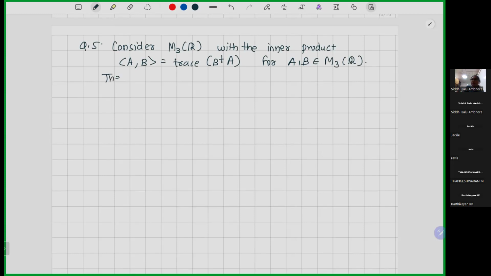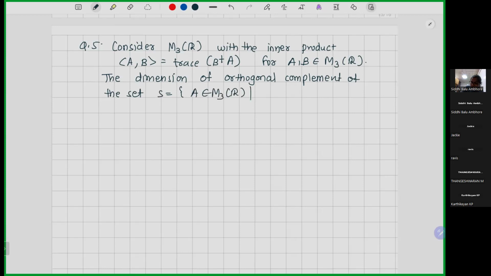Then the dimension of the orthogonal complement of the set S, which is equal to the set of A in M3R, so we are in 3 cross 3 matrices, such that trace A is 0.